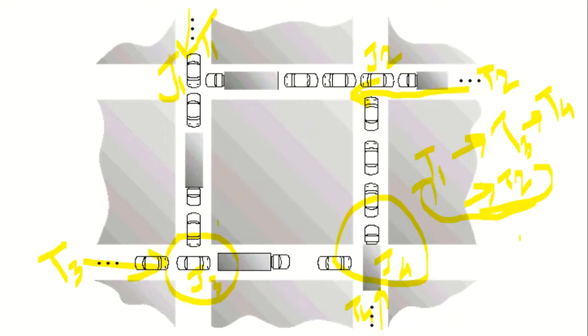Now, what is the no preemption condition existing in this traffic scenario? Suppose junction J1 is currently held by T1. If it is free, then traffic T2 can easily pass through this junction. But for that, we cannot take a car from traffic T1 using a crane and keep it aside and let traffic T2 pass through this junction.